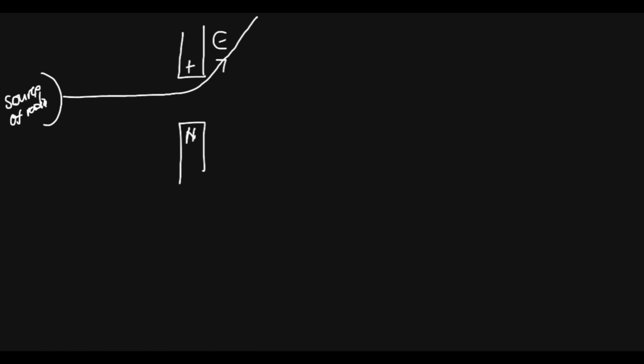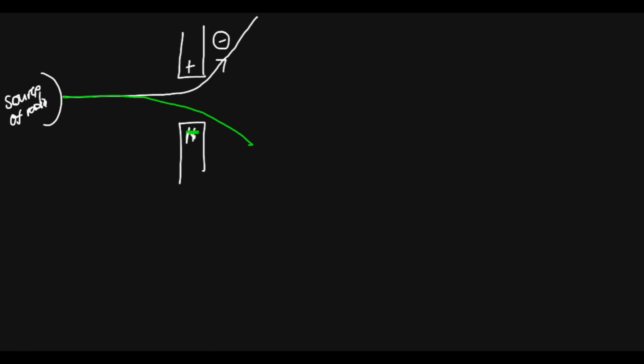Why? Because beta has a negative charge. So let's look now at alpha. Alpha has a positive charge, so it is going to be deflected toward the negative terminal.